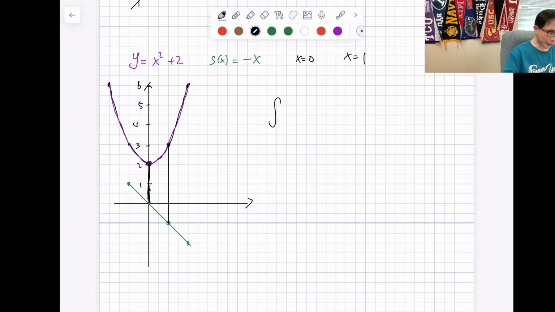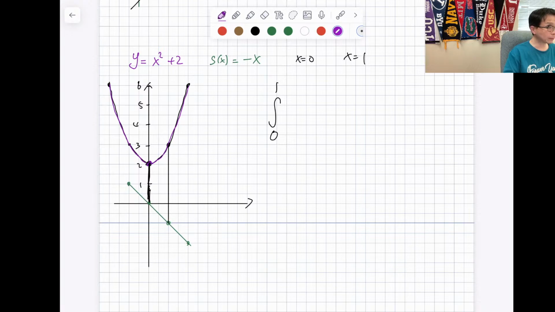Therefore, my integral is what? From where to where? Why is it negative 1? From 0 to 1, good. What is the top function?